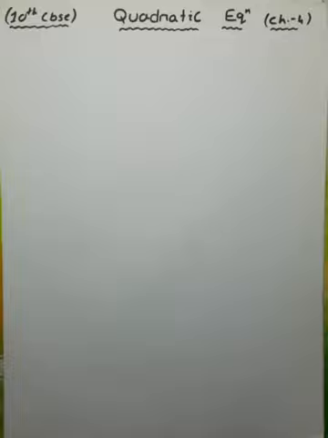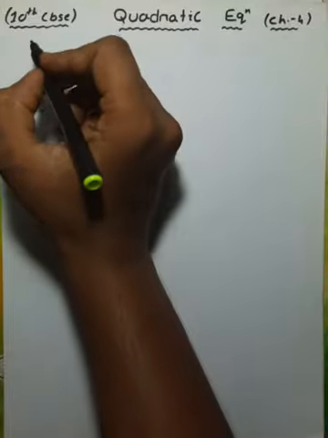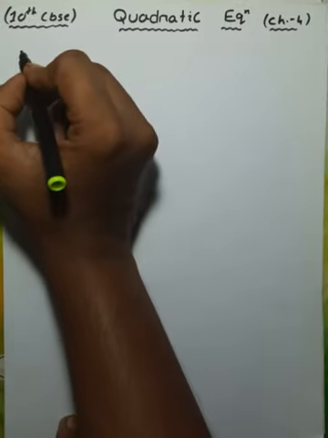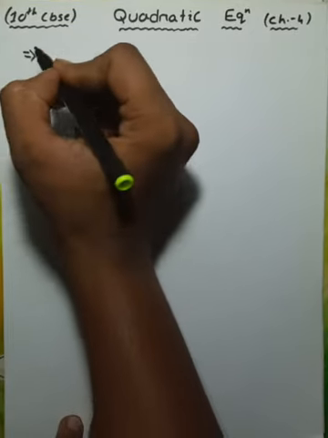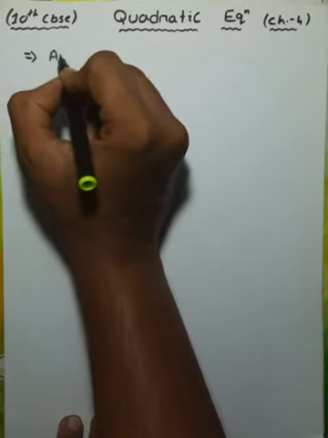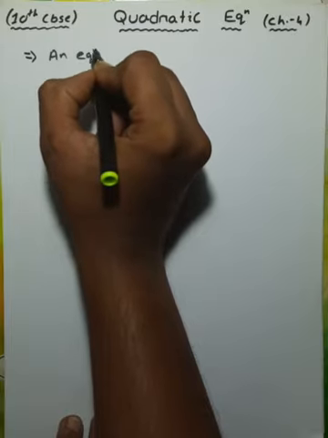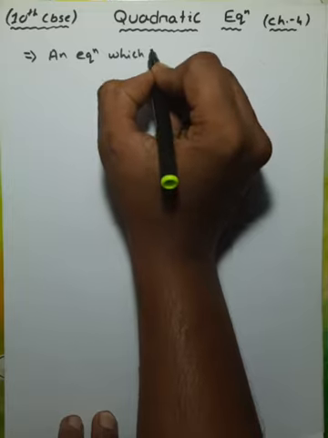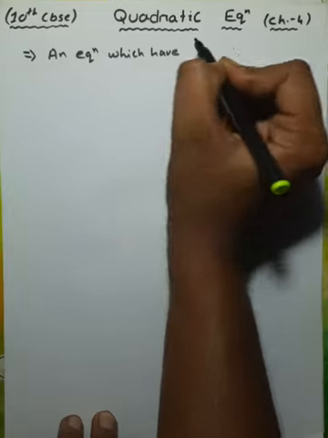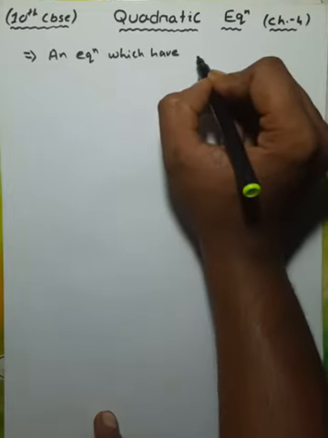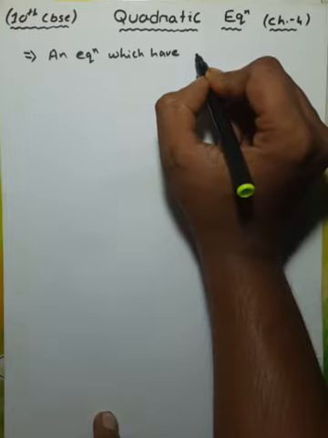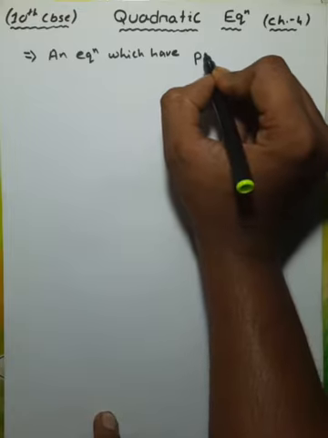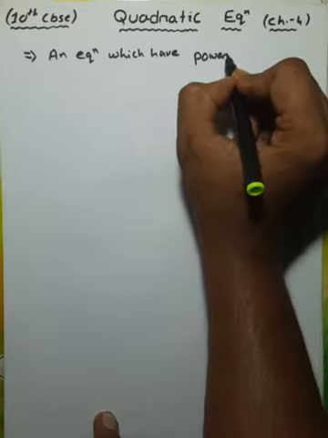So first we have to know what is a quadratic equation. An equation which has highest power 2.